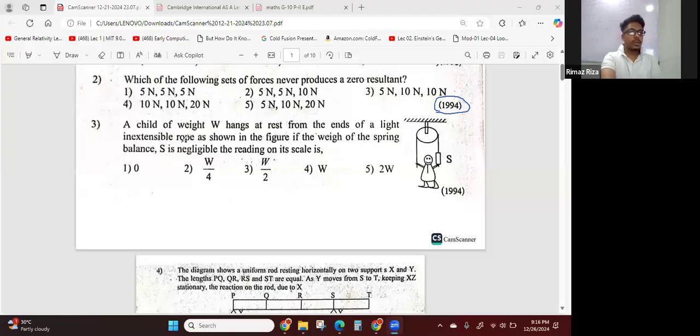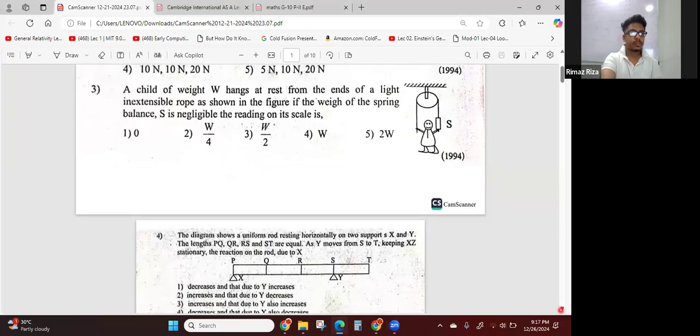Okay. So third question. A child of weight W hangs at rest from the ends of a light inextensible rope as shown in the figure.